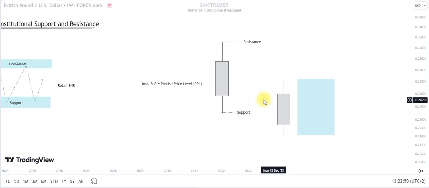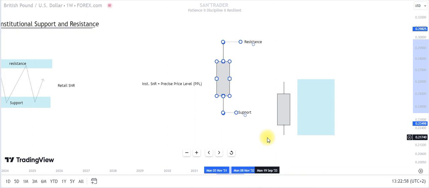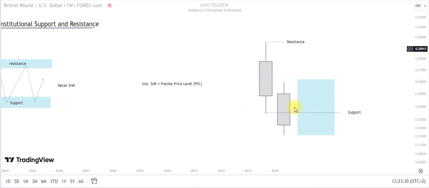So how are we going to apply this? We need two consecutive candles, right? First things first, let me do this. As you can see, you need two consecutive candles, right? In this case, let's say we are bearish, and then we have this support, which in this case will become resistance.